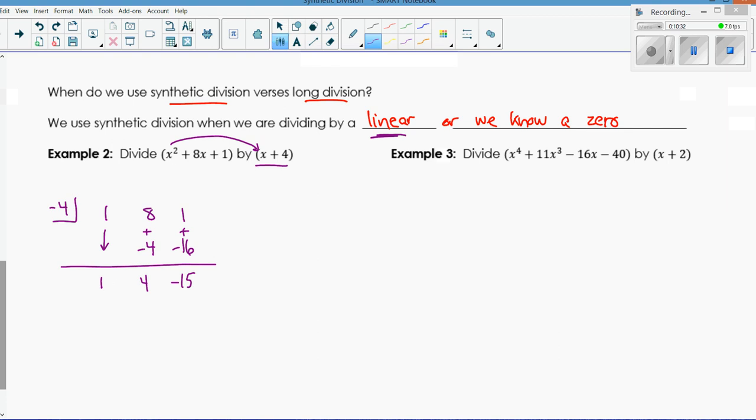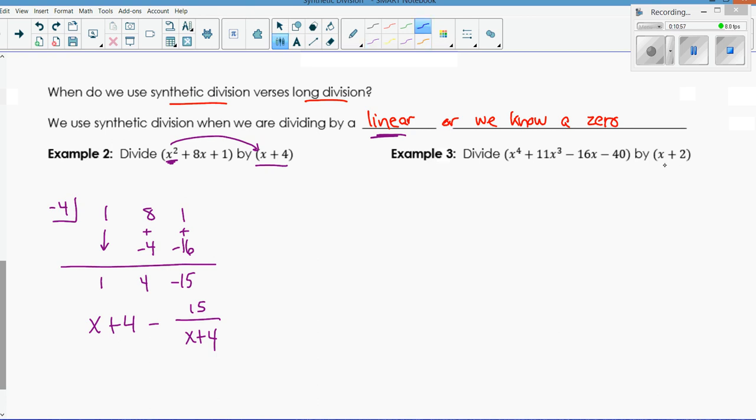Okay, so whatever your leading term is, when you do synthetic division, you will always have the next power. So since it was x squared, then the next power down will be x. So that means that this is an x, or 1x, plus 4, and then minus 15 over x plus 4. Way quicker. Okay, let's try another one.